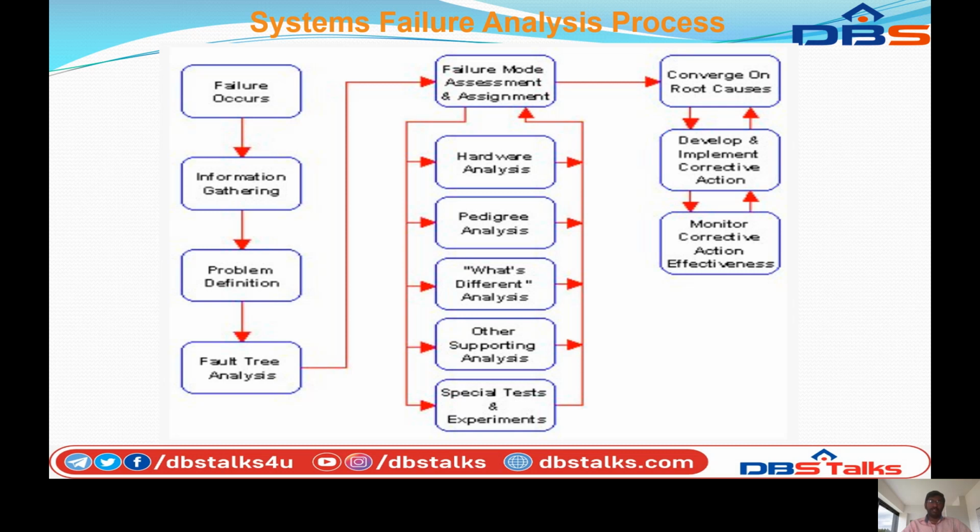So these are the steps involved in the failure mode assessment and assessment matrix.